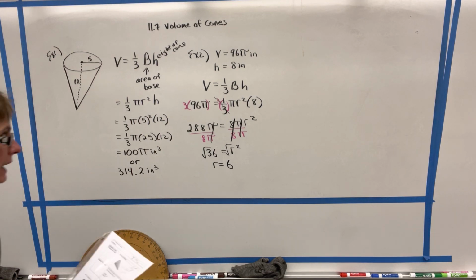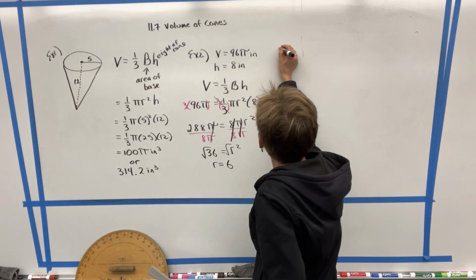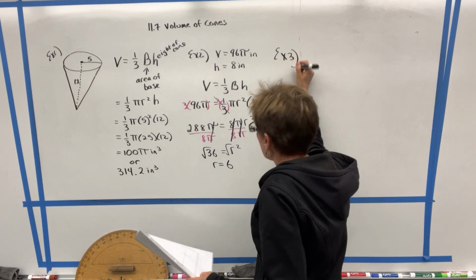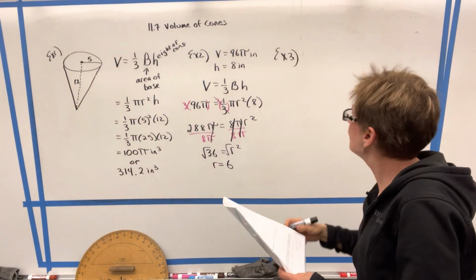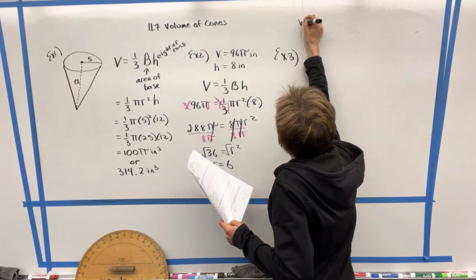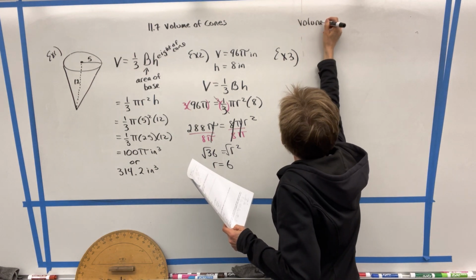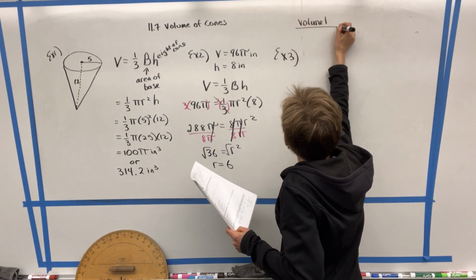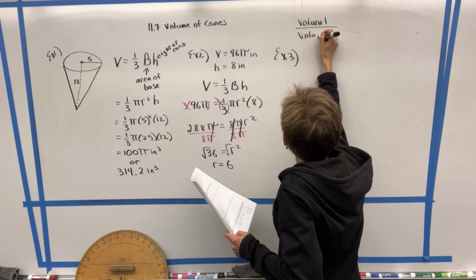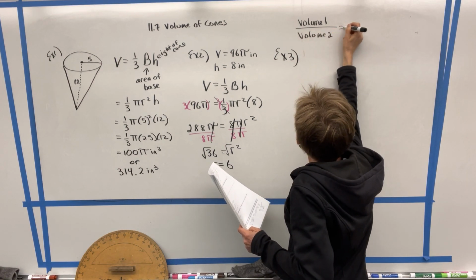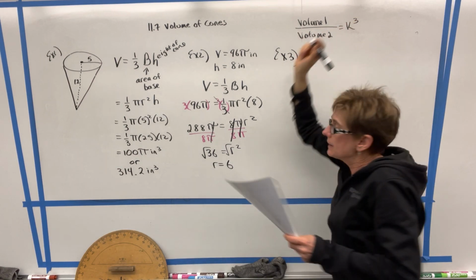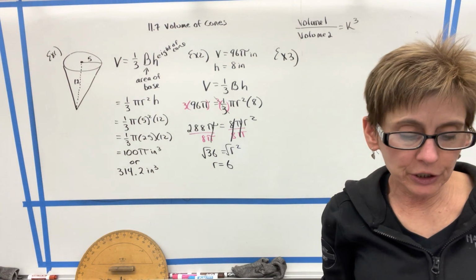Now, I do want to go ahead and do a third example where we talk about the ratio of volumes with cones. If we take the volume of the first cone divided by the volume of the second cone, that is going to be the same as the scale factor cubed.